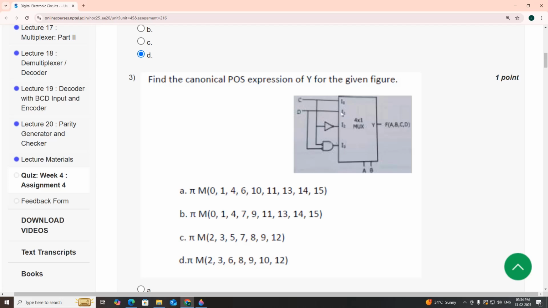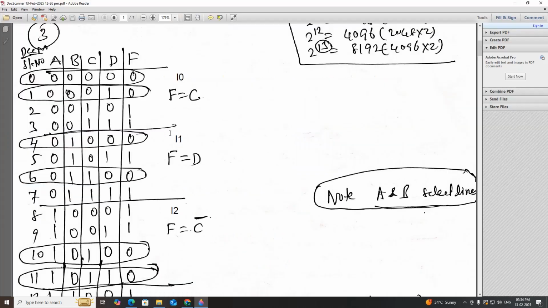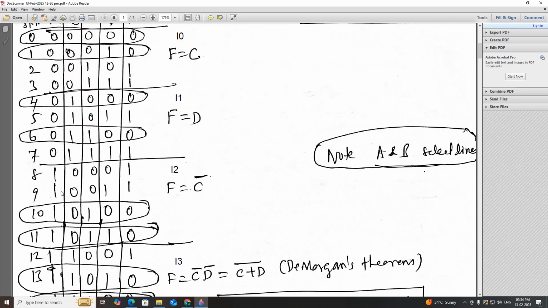But what is I1? I1 is connected to D. I1 is nothing but D. So simply what I will write here is 0 0 1 1 0 0 1 1. So next we'll see 1 0 1 0 1 0 1 0.